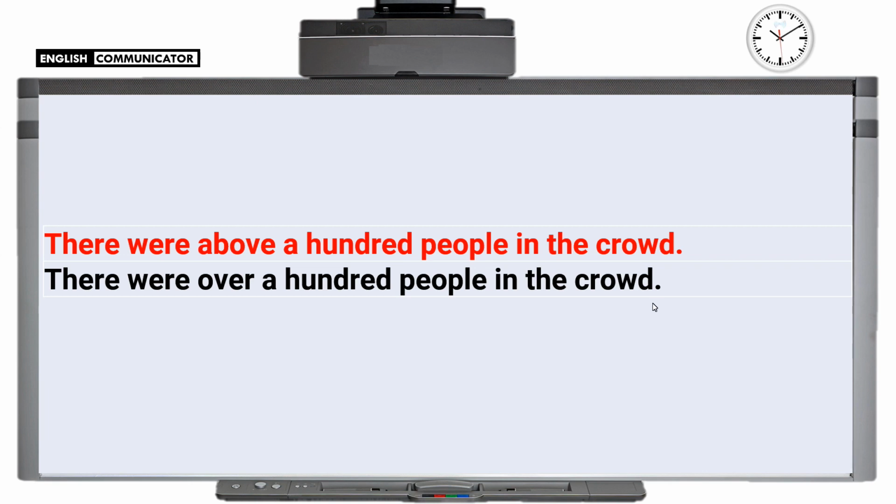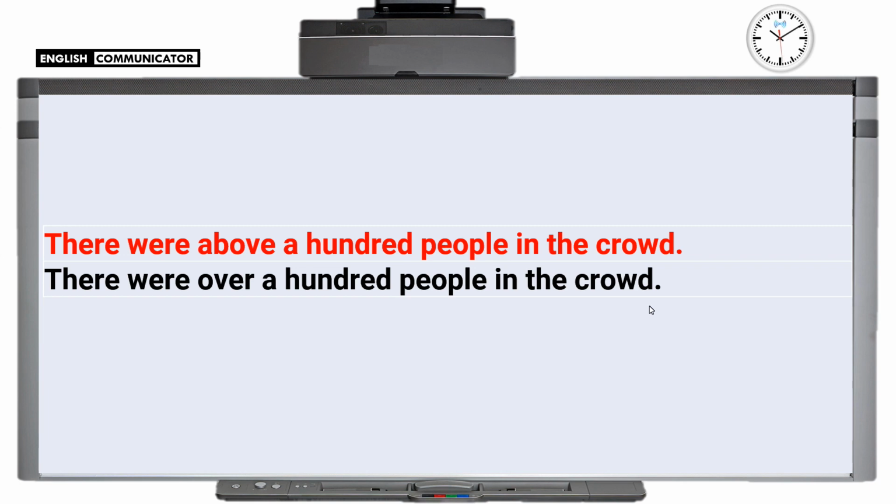There were about 100 people in the crowd. It's a wrong sentence. There were over 100 people in the crowd. The difference between these two sentences is only above and over.